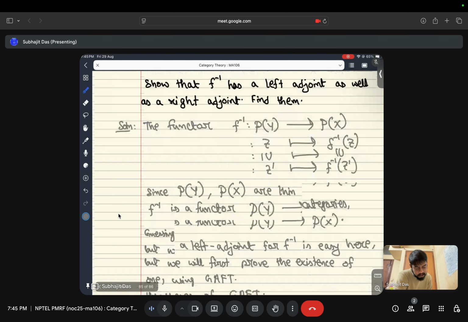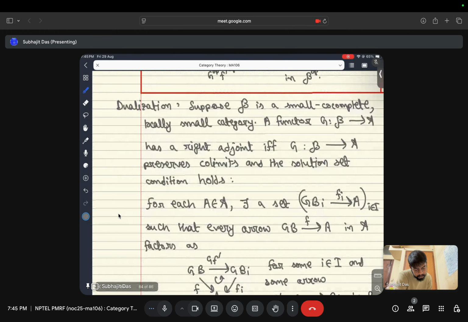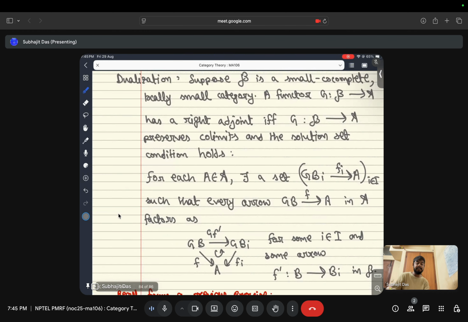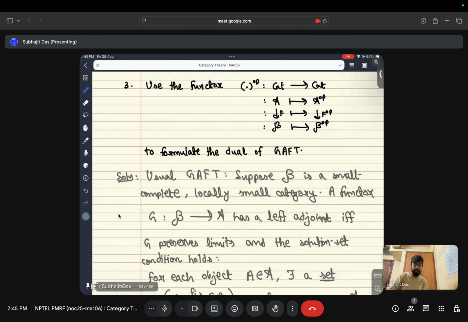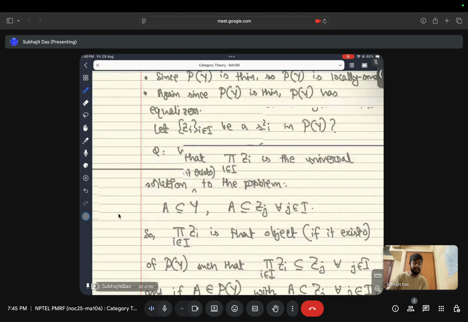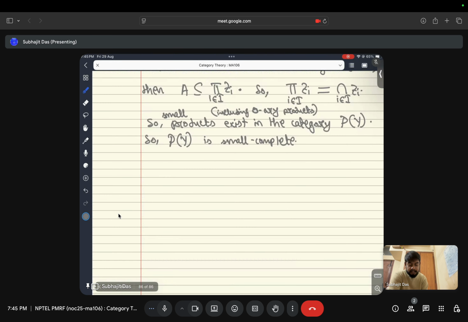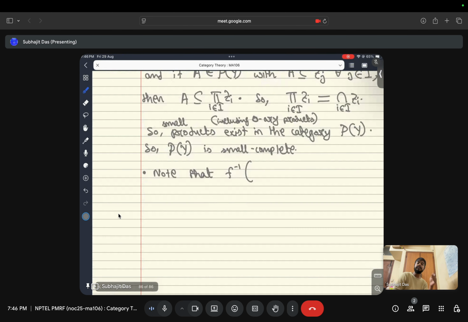Okay, so what else do we need to verify? We need to verify whether the functor F inverse preserves limits or not. To prove that F inverse preserves limits, you just need to prove that F inverse preserves equalizers and arbitrary products.